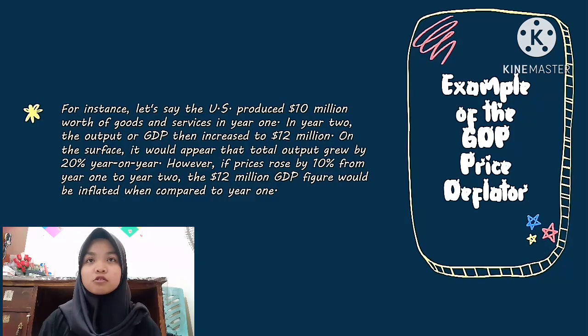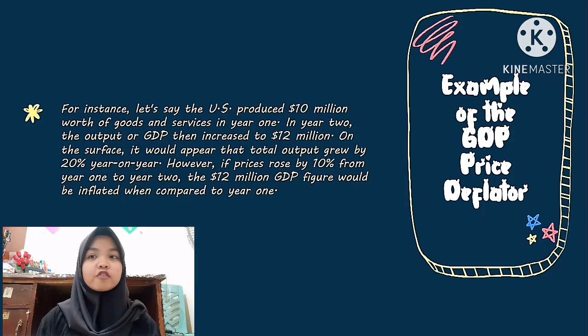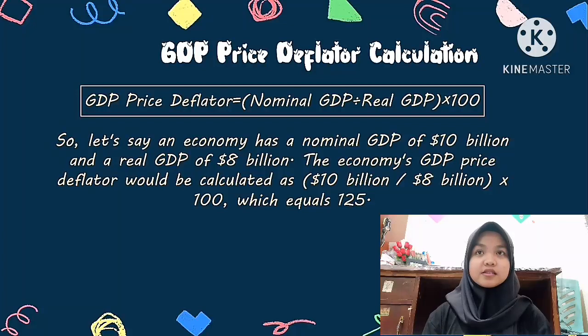The GDP measure that takes inflation into consideration is called the real GDP. So, in the example above, the nominal GDP for year 2 would be $12 million, while real GDP would be $11 million.